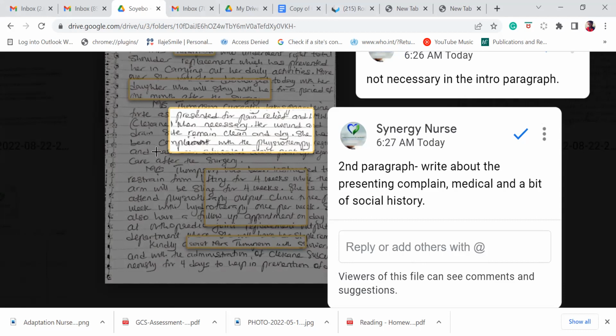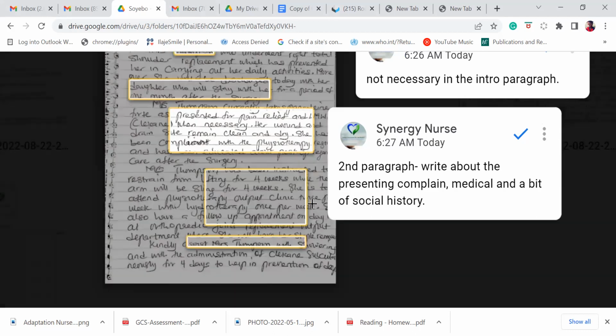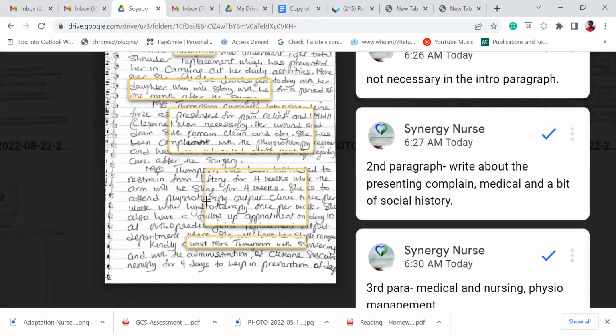Patient lives alone or lives with the daughter, that's a bit of the second paragraph. All right, I need you to rewrite this letter given this guideline. Now, the third paragraph, like I've stated here as well, you can talk about the medical, nursing and physio management. Remember, only write the most relevant ones. You'll be putting in here in the fourth paragraph.